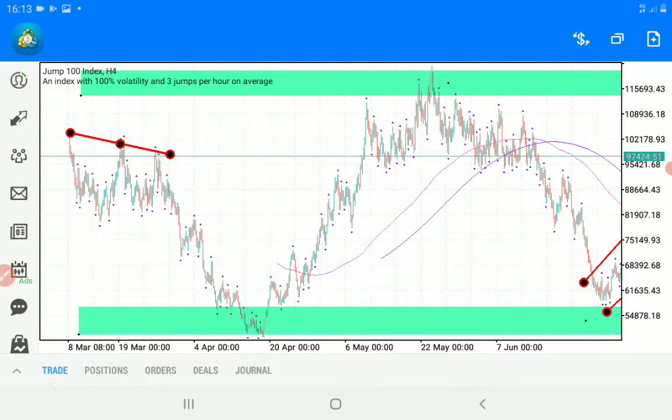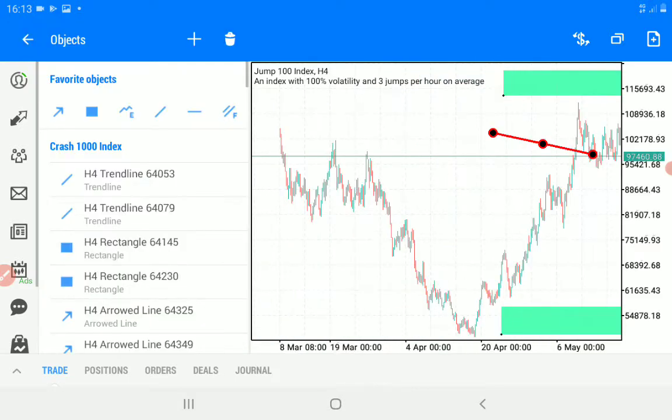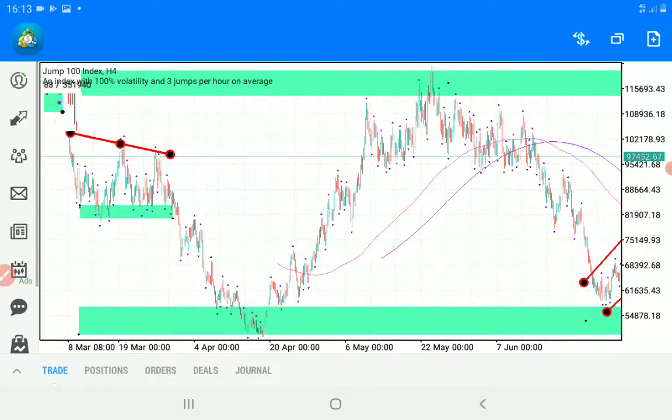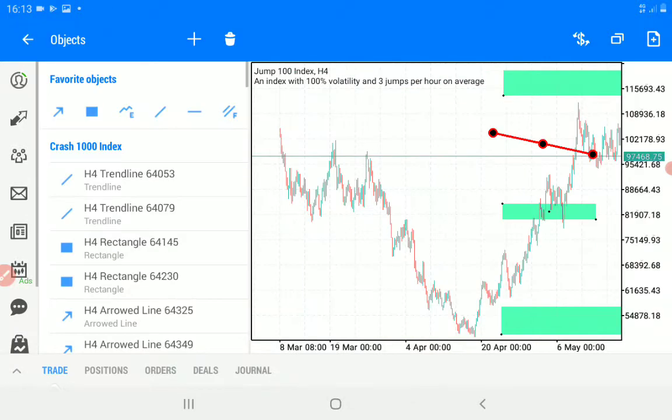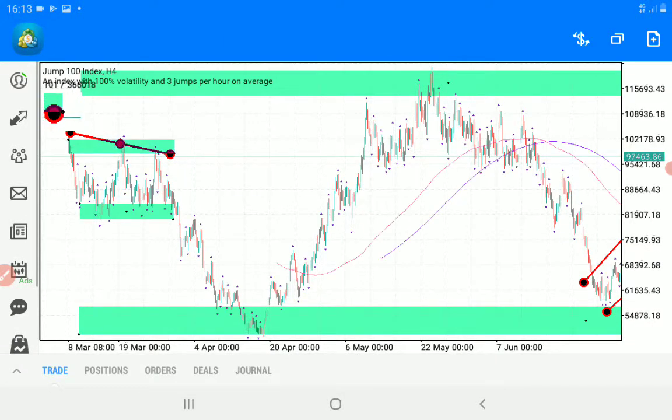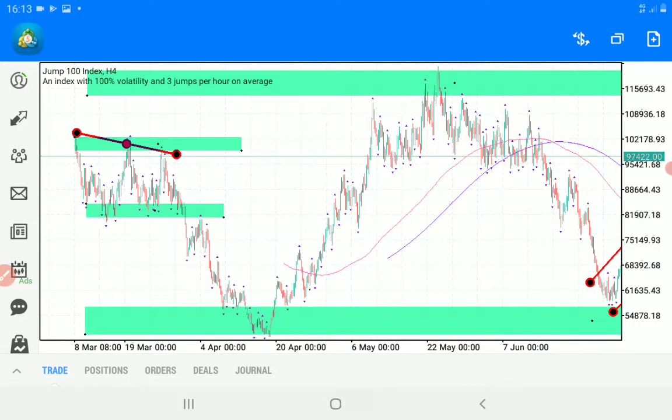Let me put that as support and resistance, and it continued going down, right? So it broke that. Someone would have expected it to go back up, right?